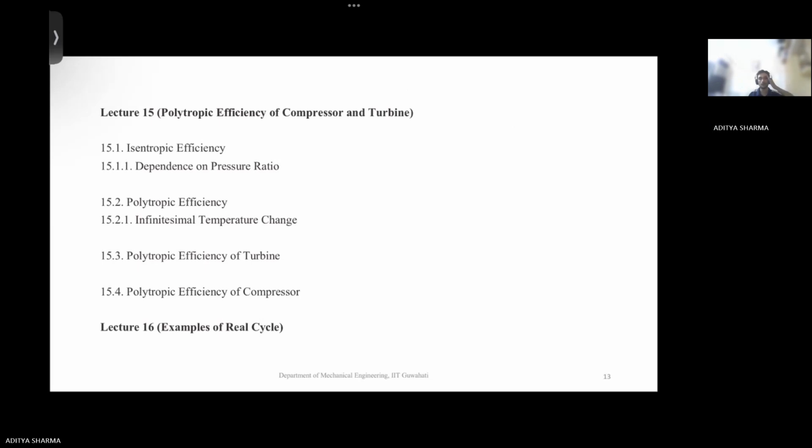Okay. So topics are there. This is an important topic. I feel this is an important topic from the perspective of knowing this subject in a comprehensive manner. So the topics are dependence on pressure ratio, then polytropic efficiency.